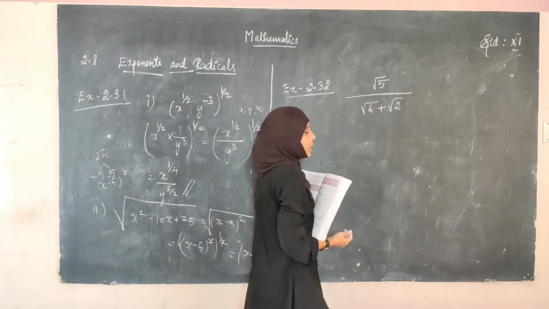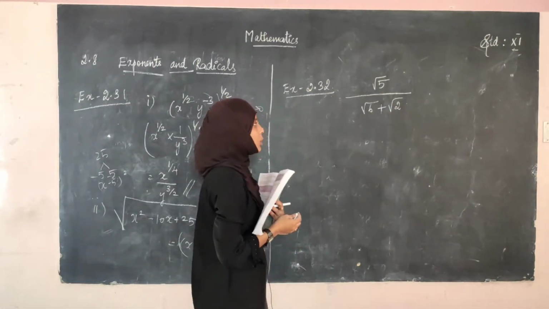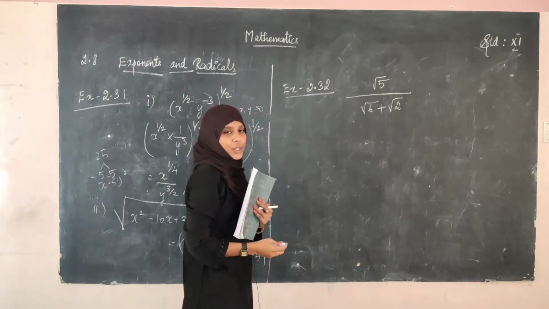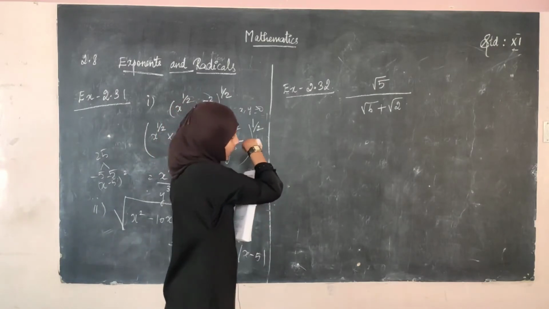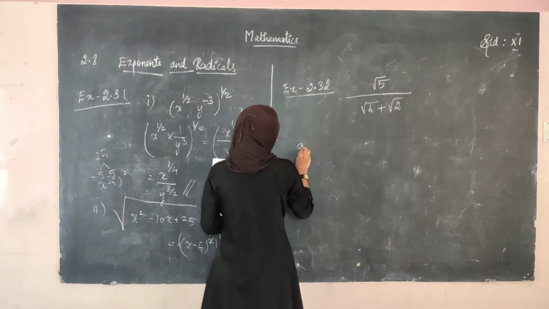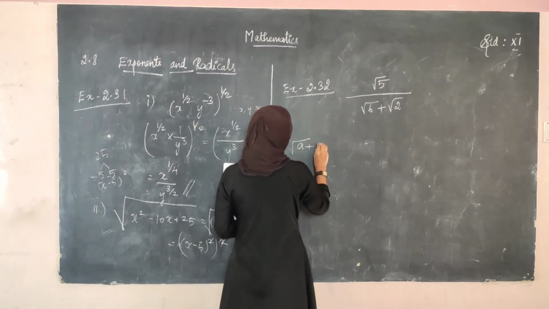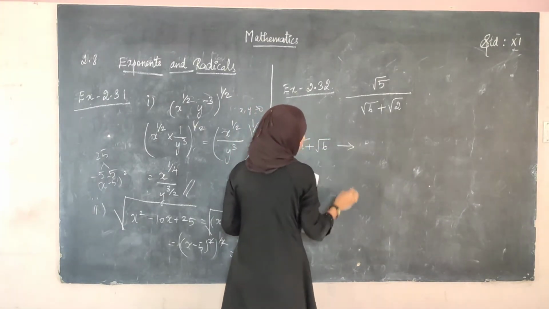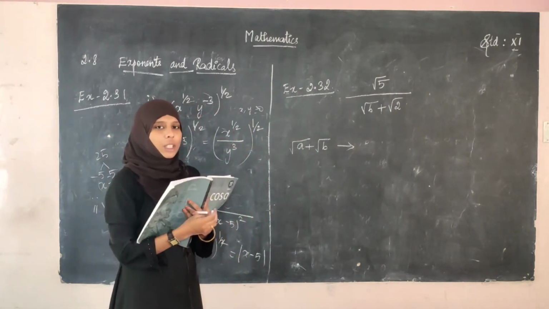In 10th standard you might have learnt about imaginary roots and all. Otherwise, we know rationalization: see here, root a plus root b. What is its conjugate? You might have learnt about conjugate, right?